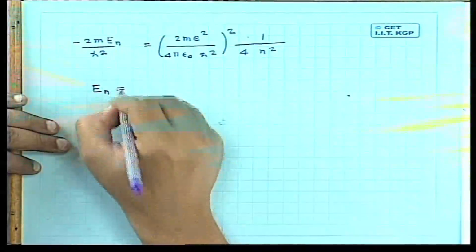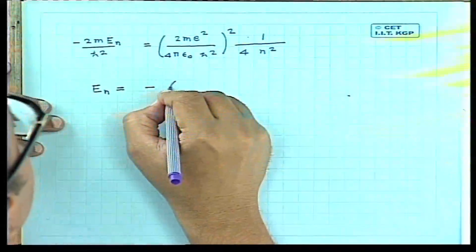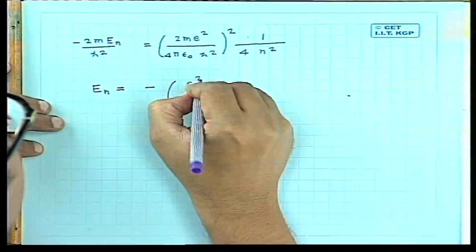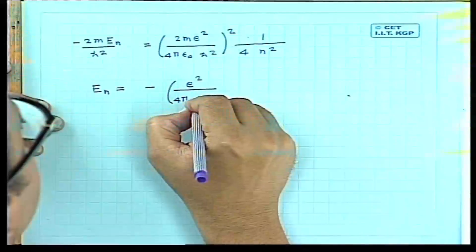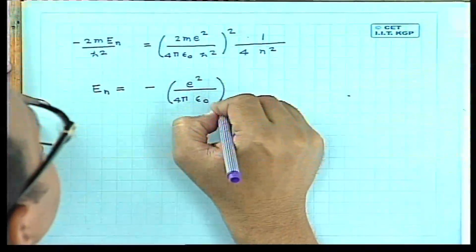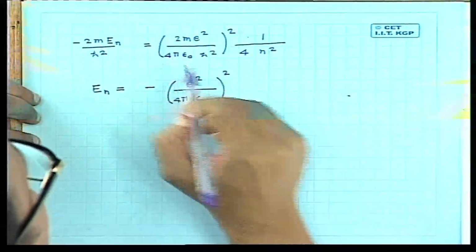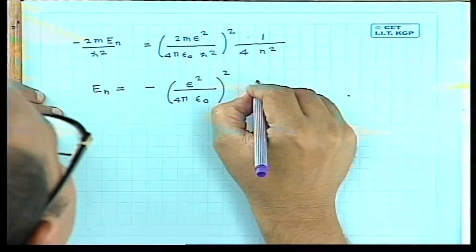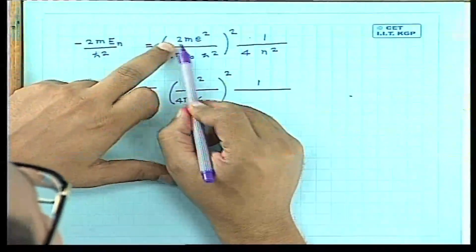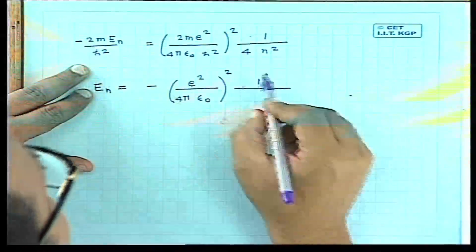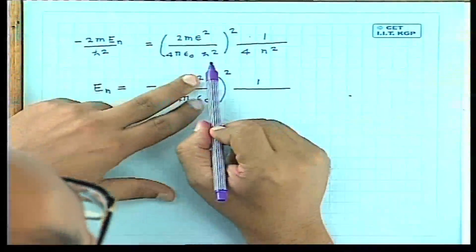En is equal to minus, I have e square by 4 pi epsilon naught whole squared, here I have 1 by this, one factor of 2m by h cross square gets cancelled out, so I still have one factor of 2m by h cross squared.